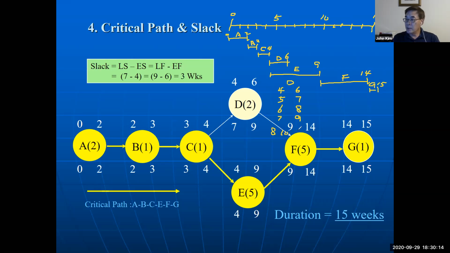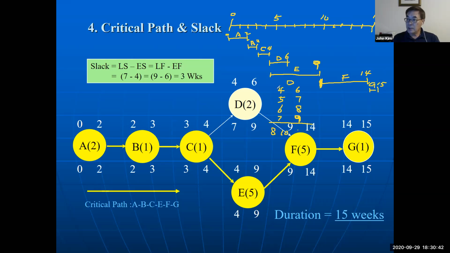But activity F starts at 9 because E finished in week 9. So as long as activity D finishes by week 9, then F can start without delay.